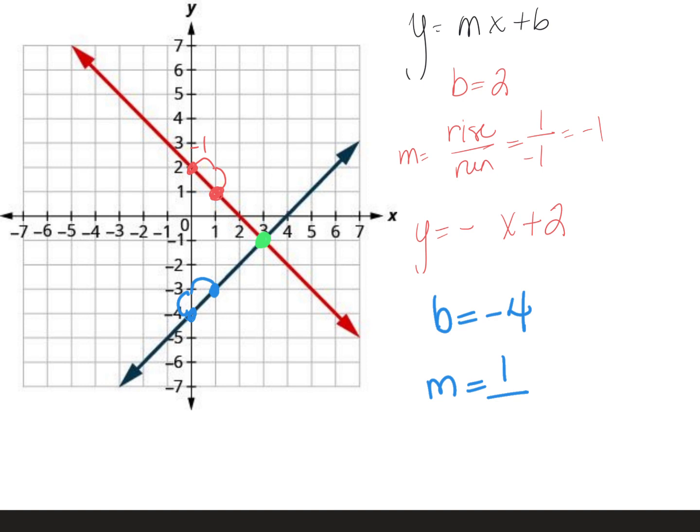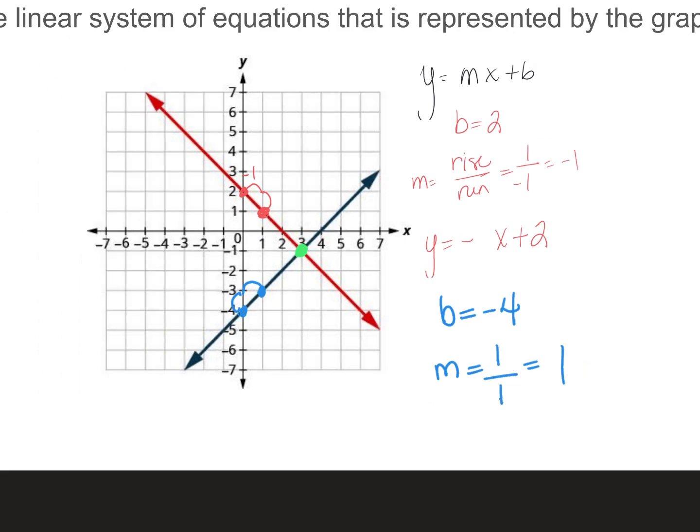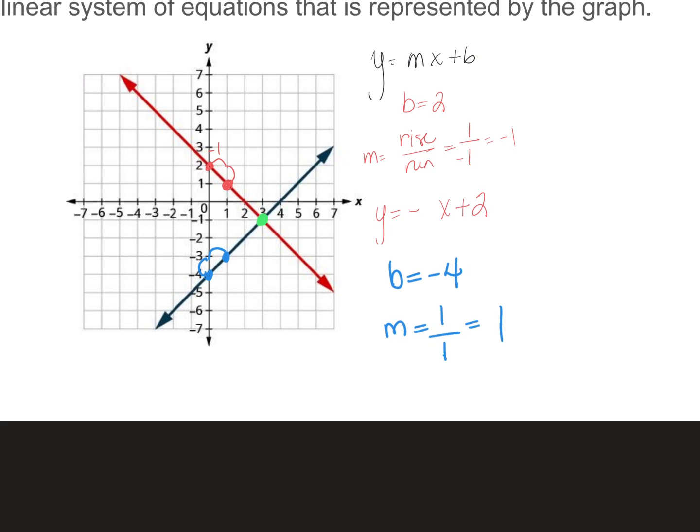And when I go to the right, that's +1. 1 over 1 simplifies to 1. So the equation for this line is +1, and just like above, I don't need that 1 in front of x. My y-intercept here is -4, so we're going to insert -4. So the system is -x plus 2 and x minus 4.